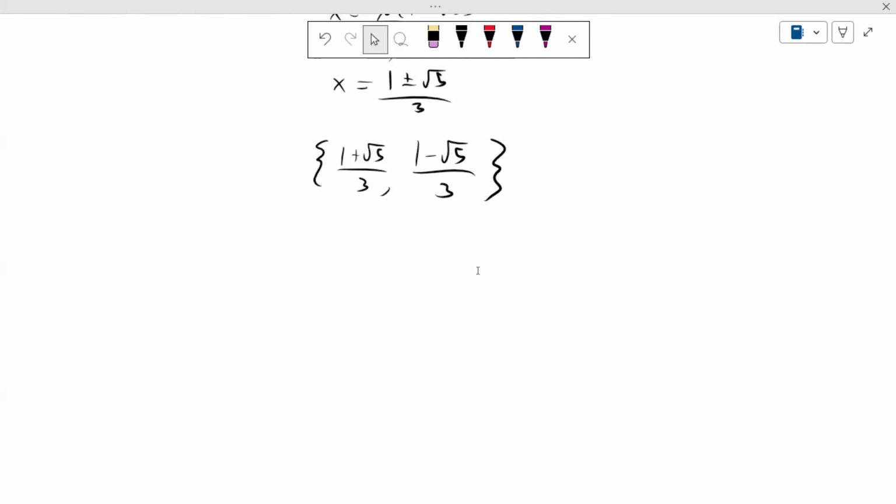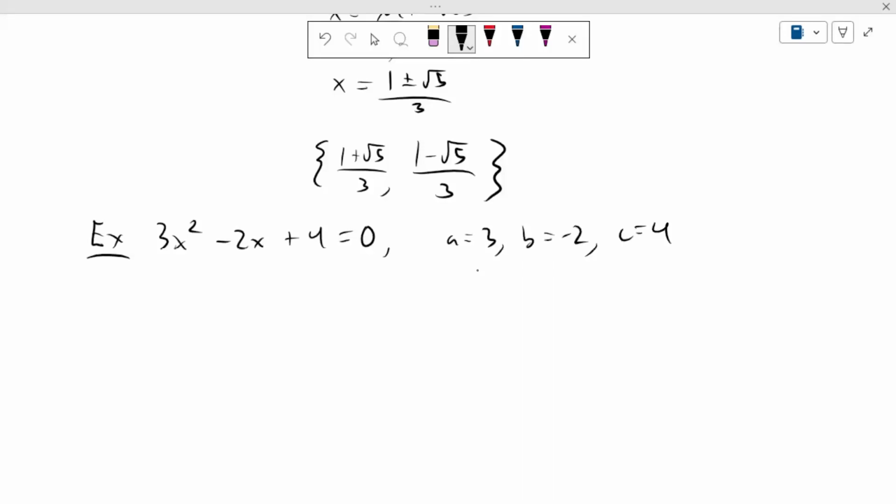Now that I have that, let's do one more example of the quadratic formula, and then we'll finish up with one final thing after that. So we have 3x squared minus 2x plus 4 is equal to 0. Again, I'll label that my a is 3, my b is -2, and my c is +4.